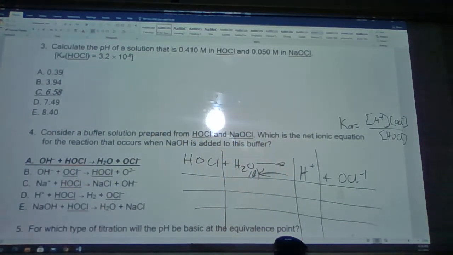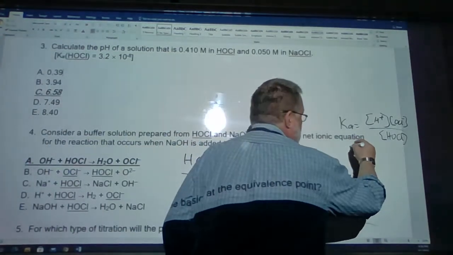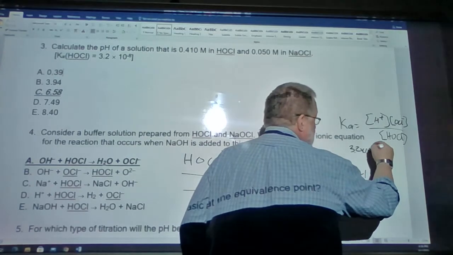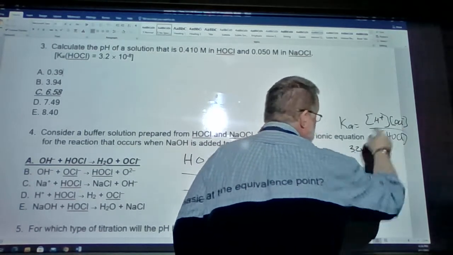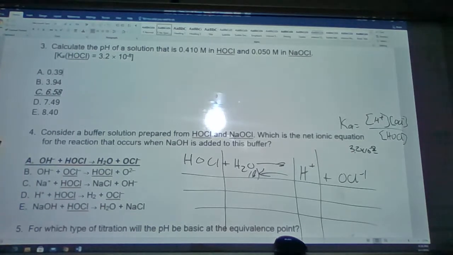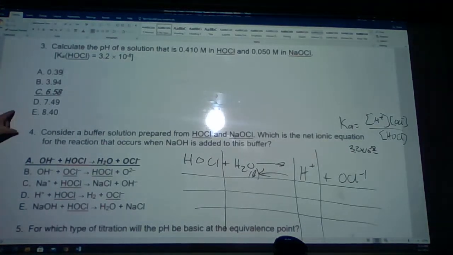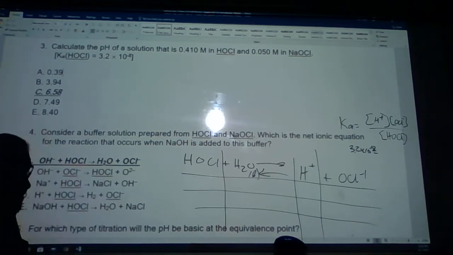We know the Ka for HOCl is 3.2 times 10 to the minus 8. So 3.2 times 10 to the minus 8 is equal to the concentration of H plus times the concentration of OCl minus divided by our concentration of HOCl. We have HOCl and OCl minus. We mix them together and equilibration occurs.